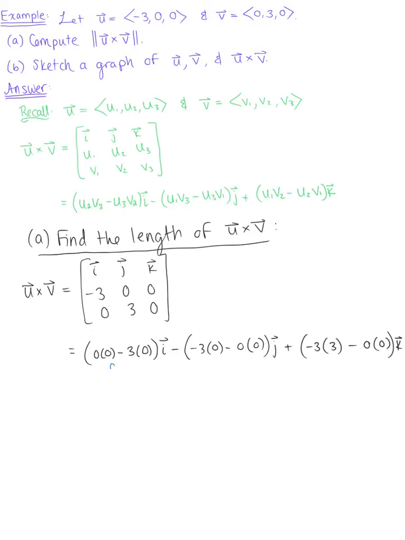So simplifying here, we can see we'll have 0 minus 0, we then have 0 minus 0, and then last but not least, we have -9 minus 0.